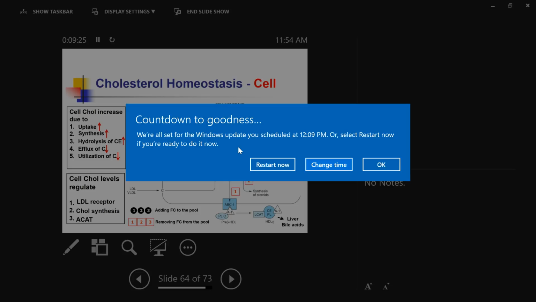Particularly reverse cholesterol transport. No, actually, the last practice question was just to help you guys get familiar with the format. We don't have specific practice questions for each session. All right. Okay.